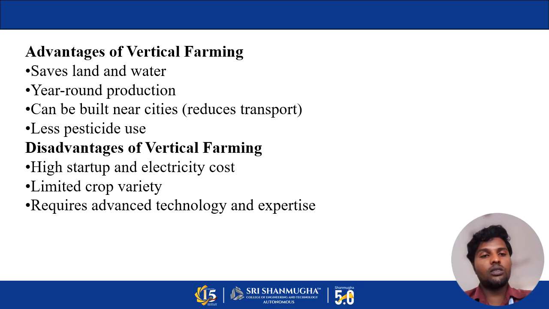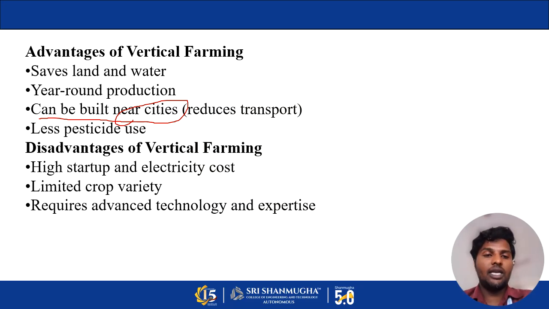Our subject mainly focuses on horticulture practices in urban areas, so we can do this system in cities where less space is available. Less pesticide is used, as well as fewer chemical applications and fungicides, so we use fewer chemical-related things for plant growing activities.